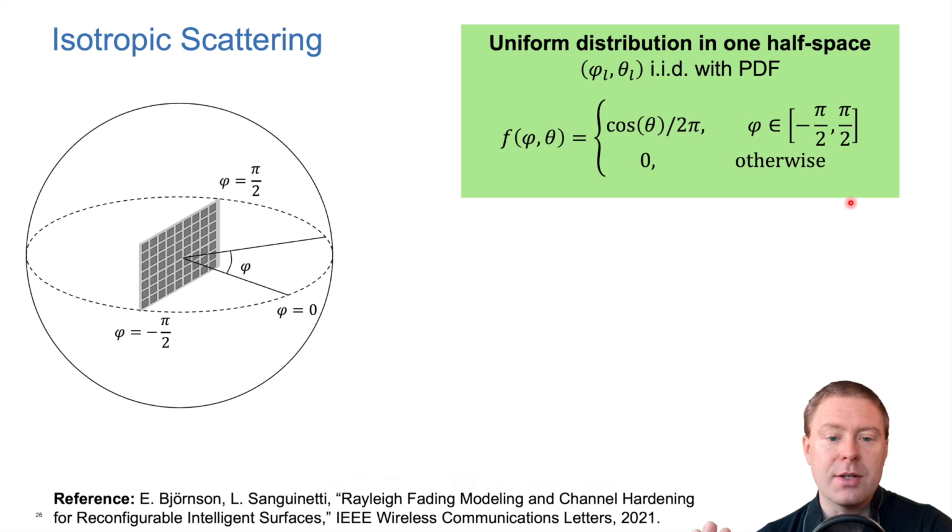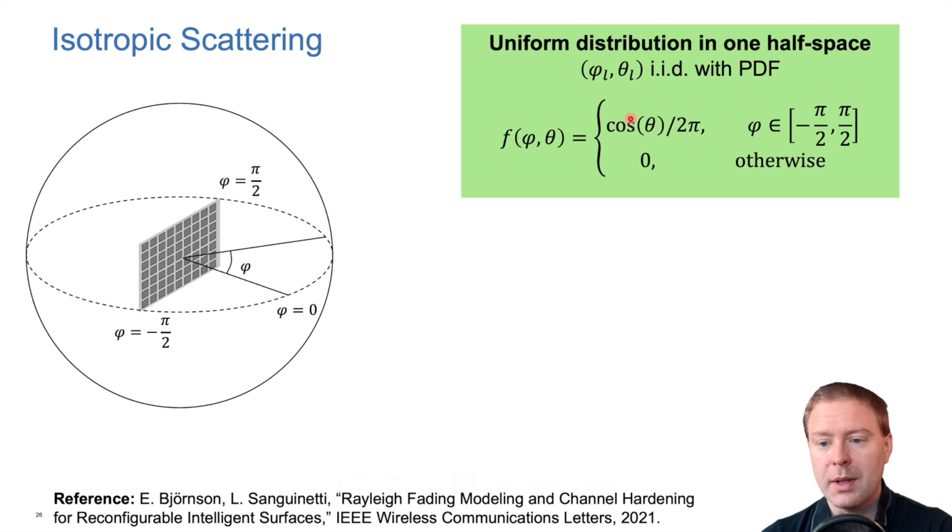If we consider isotropic scattering, which means that we have a uniform distribution of paths from all directions, from pi over 2 to minus pi over 2 in the azimuth domain, they can't come from behind, so just in a half space here, from up and down equally.